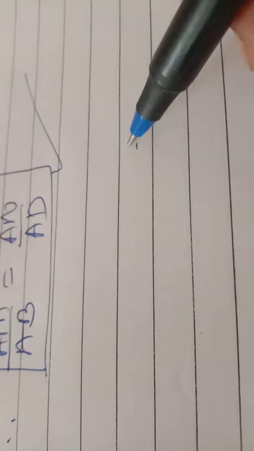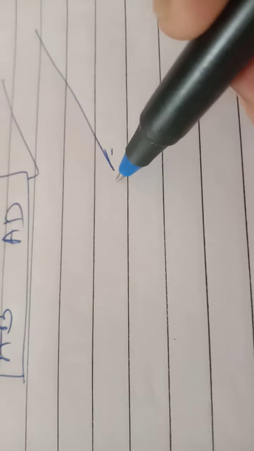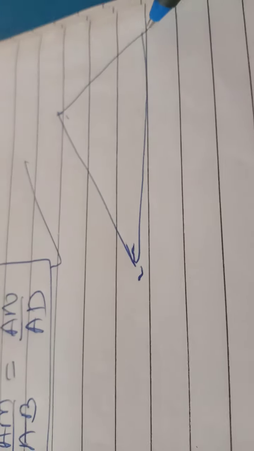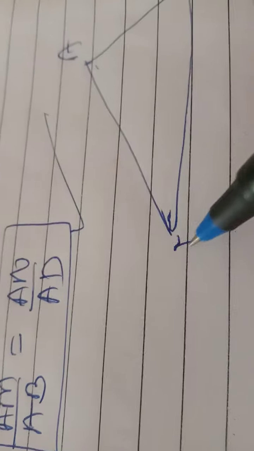Now on the same pattern we are solving question number 4. See question number 4. I will sketch a diagram here. A very little bit typical diagram is given. A triangle ABC is given.